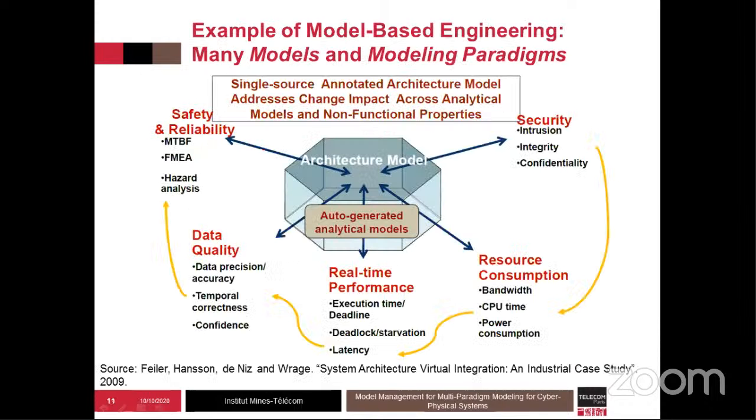Okay. So now, what is multi-paradigm modeling? Hans explained what it is pretty well. Obviously, it comes from the fact that for a given system, and especially for cyber-physical systems, because they are very heterogeneous, you will need different models with different paradigms to analyze your system.